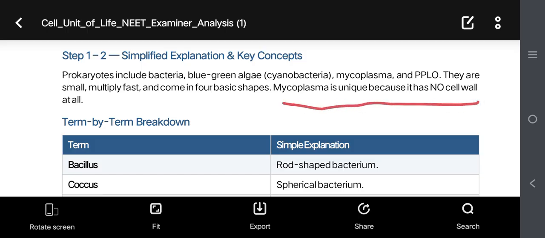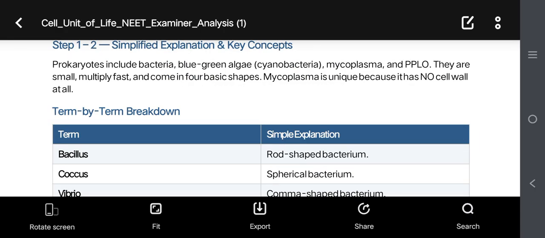Mycoplasma is unique because it has no cell wall at all. It is one of the main NEET MCQs given in past years. Blue-green algae is also called cyanobacteria.